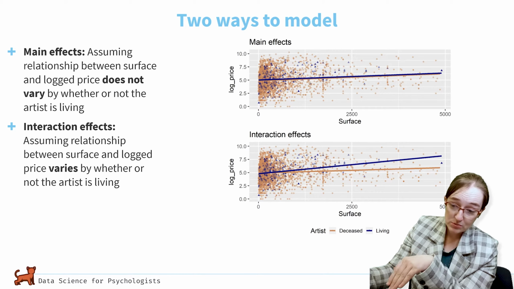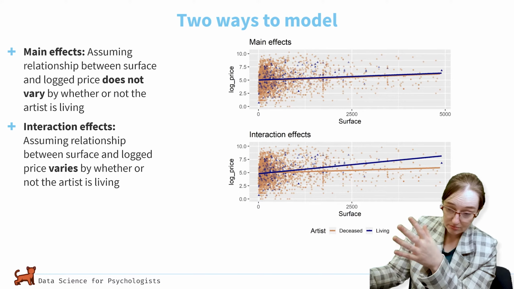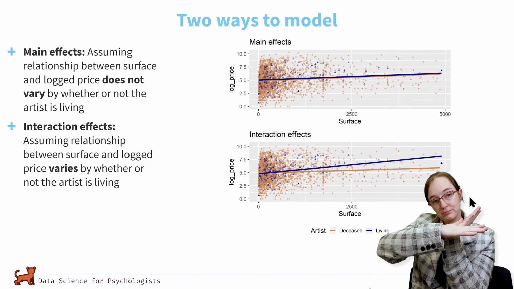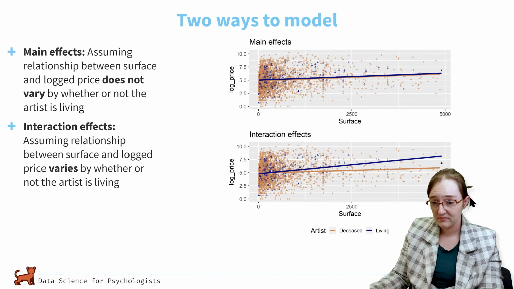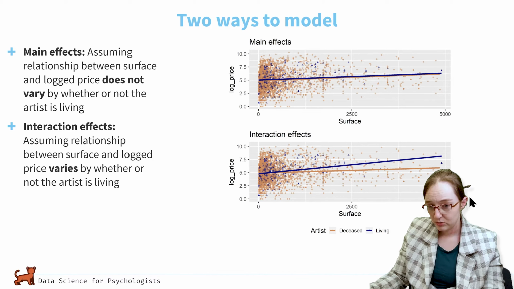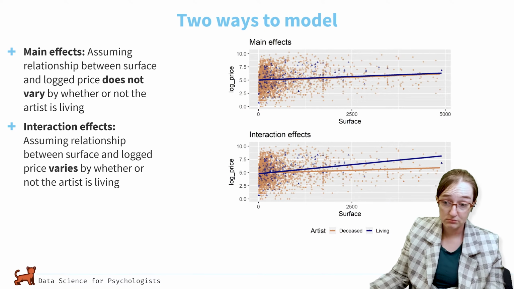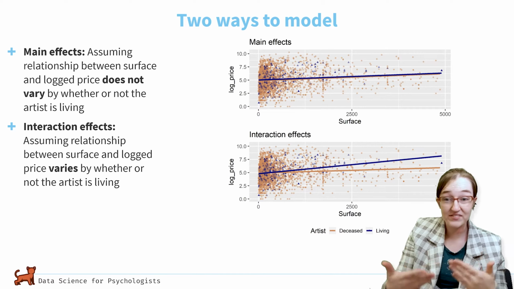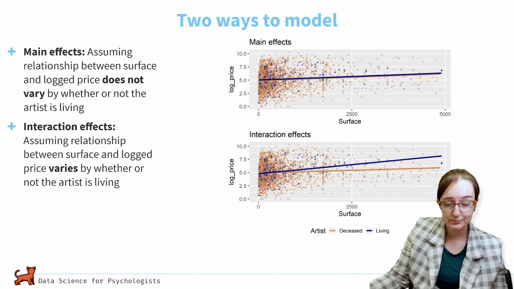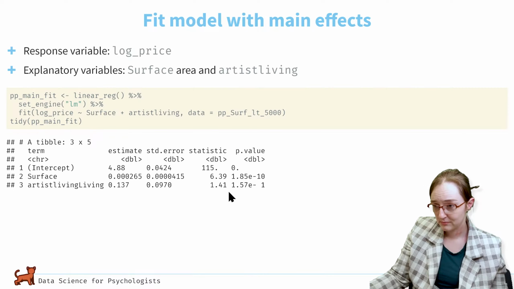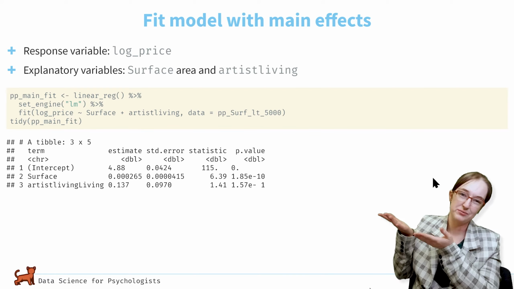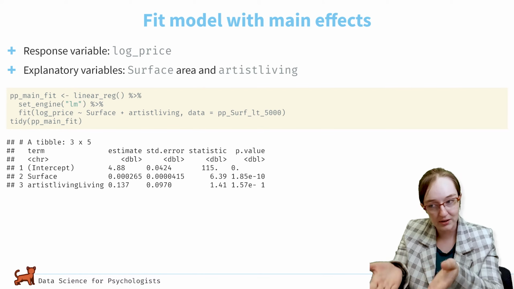Now, if we assume that there is an interaction, essentially that the relationships between the two depend, we include that interaction effect. So we can see we have different lines here. Okay, so let's show you how to fit those models. Because I showed you what they look like, let me show you how to do them.